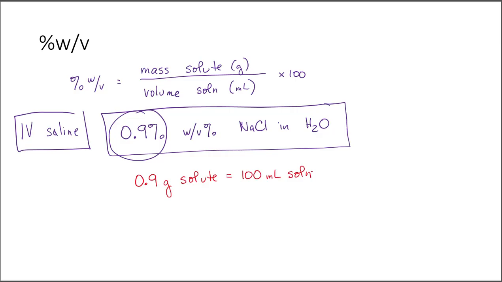So a 0.9% would mean that you got 0.9 right out of the total that you could have gotten, which was 100. So 0.9% as a weight volume means 0.9 grams of solute, in this case sodium chloride, in every 100 milliliters of the entire IV saline solution. You can use it as a conversion factor.